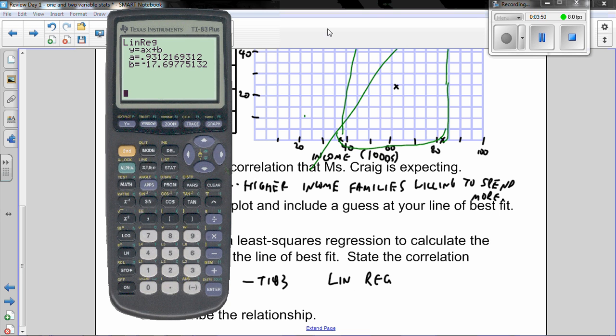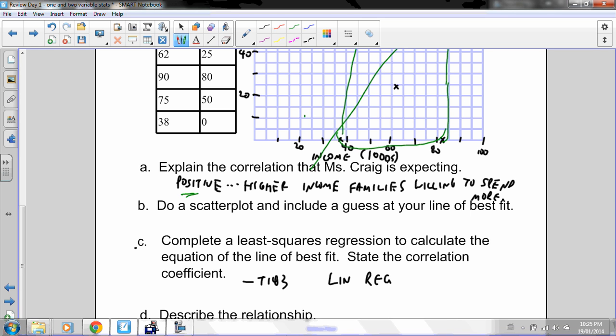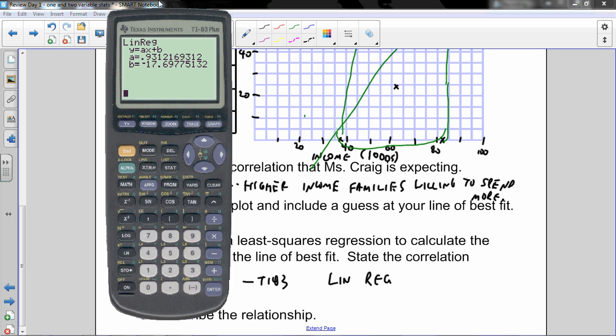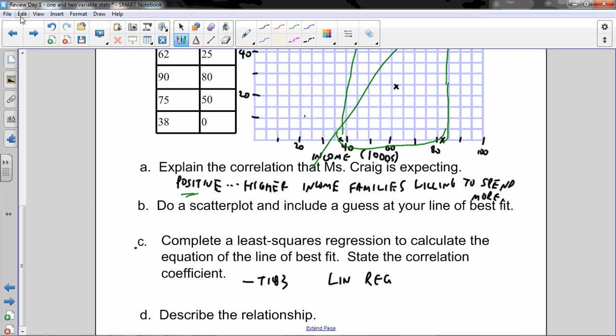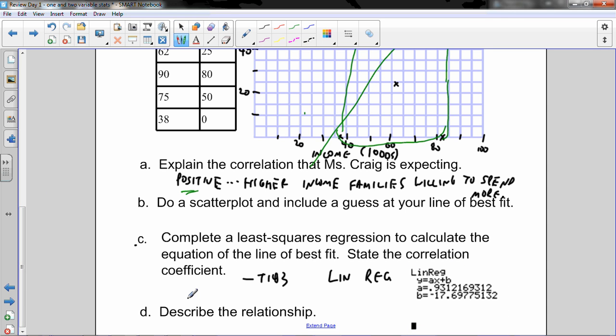I'm going to copy that and paste that on there. There's the equation of the line of best fit: Y equals 0.93-ish x minus 17.7.